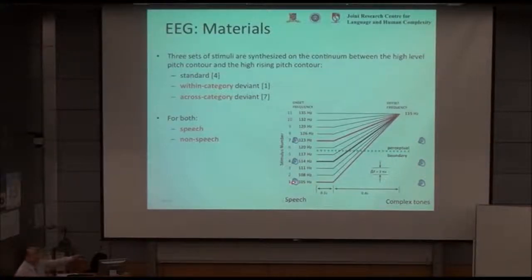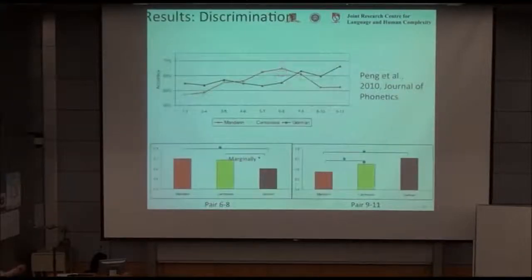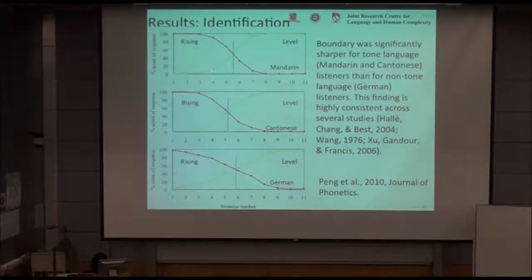The stimulus number 1 is the typical level tone, and stimulus number 4 is another level tone. It's not that typical, but you can see number 4 here, over 80% of the time it is identified as a level tone.